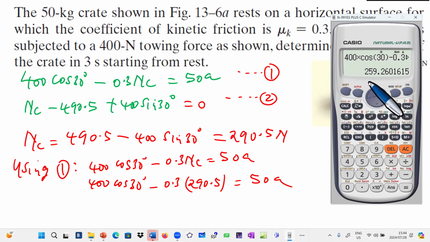You're getting 259.2601615. And then we divide this by 50. And then the acceleration is actually 5.19 meters per second squared. We can write it as 5.185. Good.